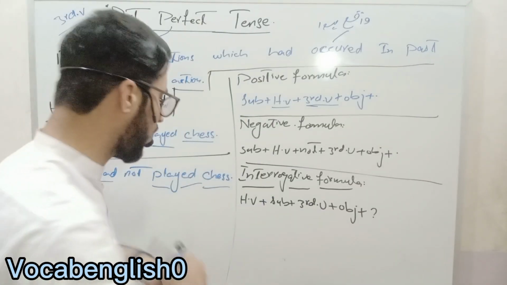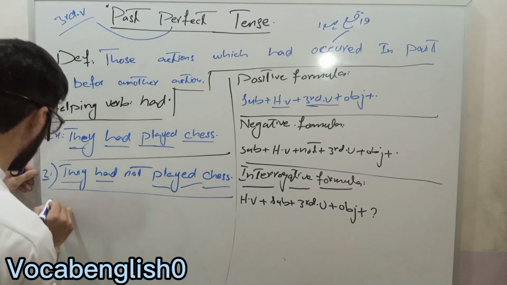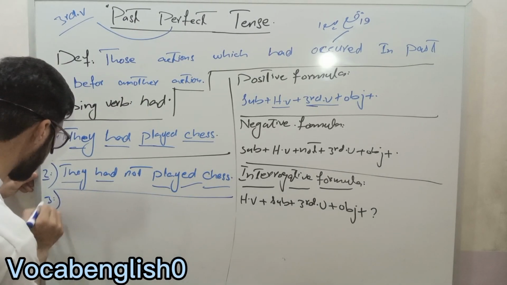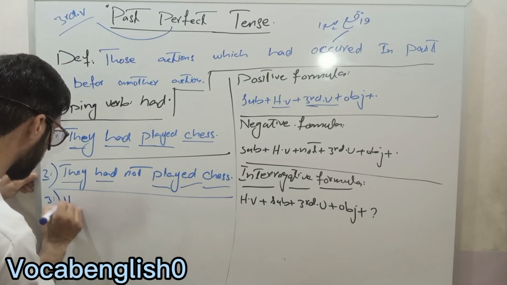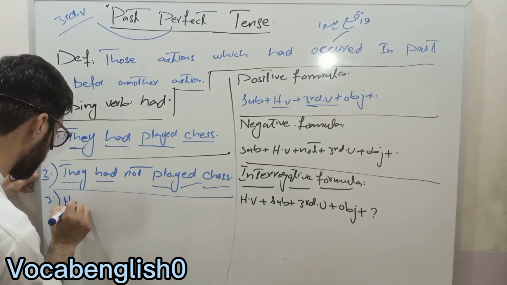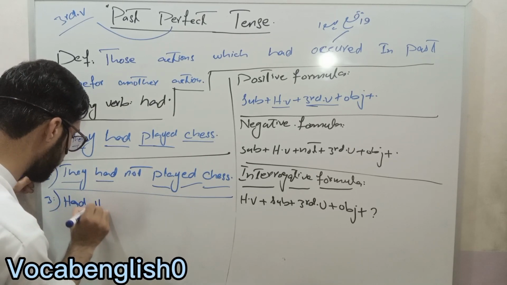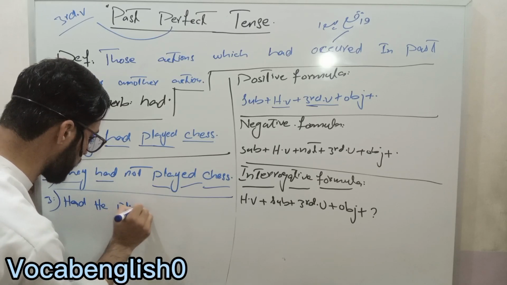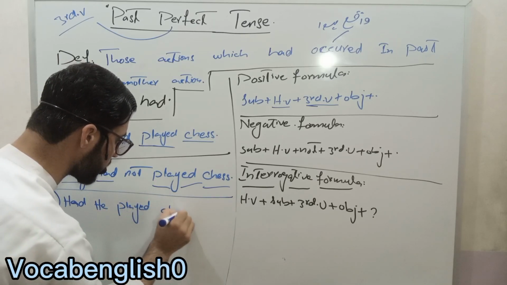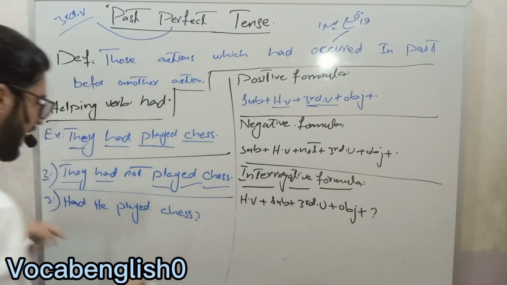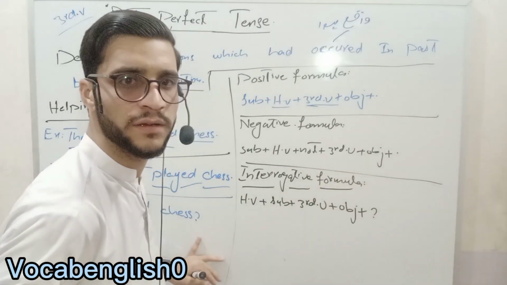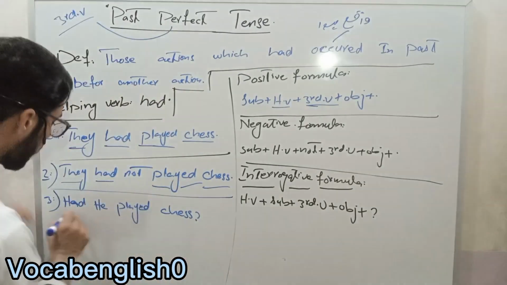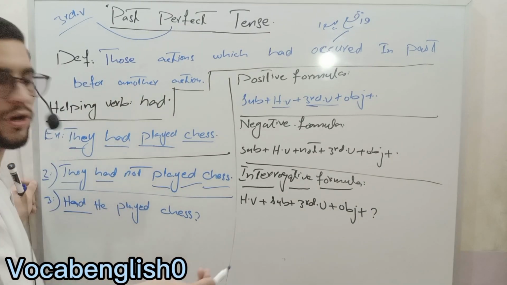We can make our sentence. Now the third sentence is there. Interrogative sentence is there. Had he played chess? Now had is our helping verb.